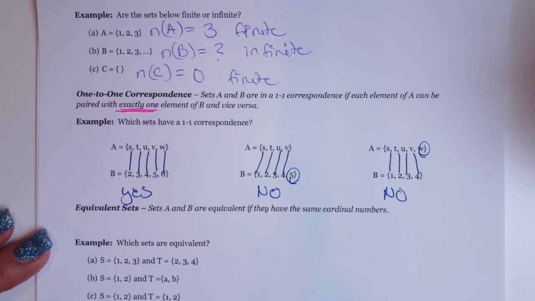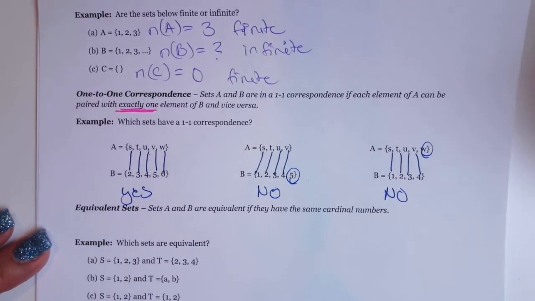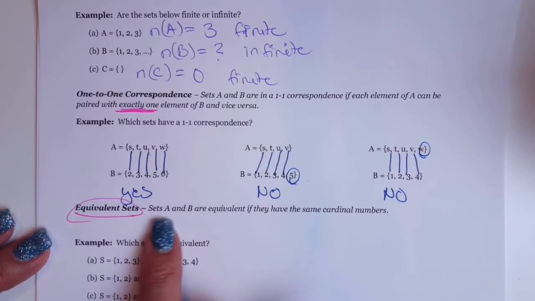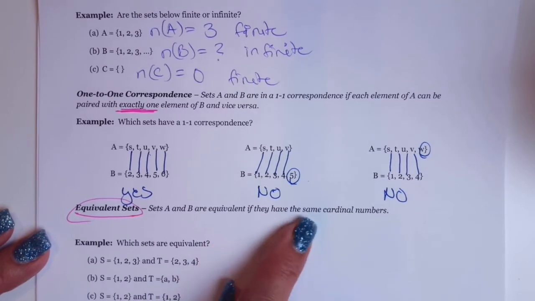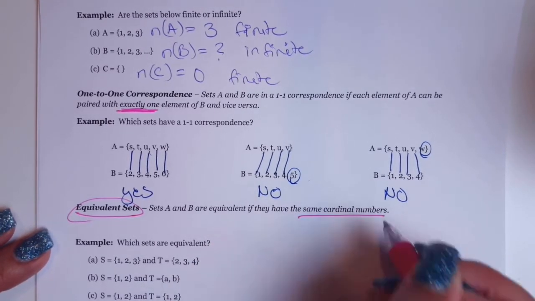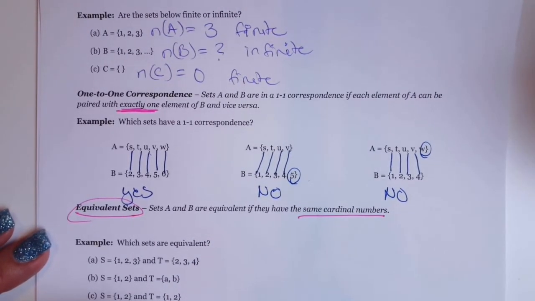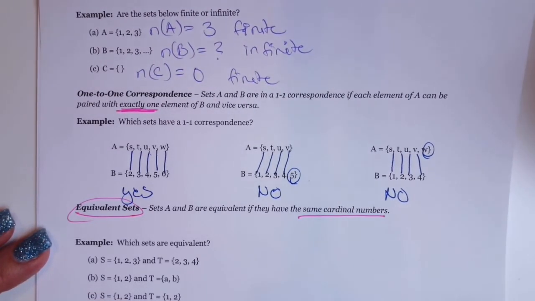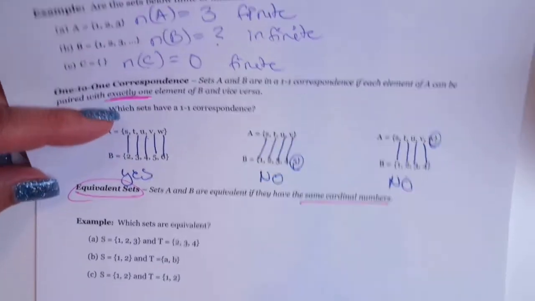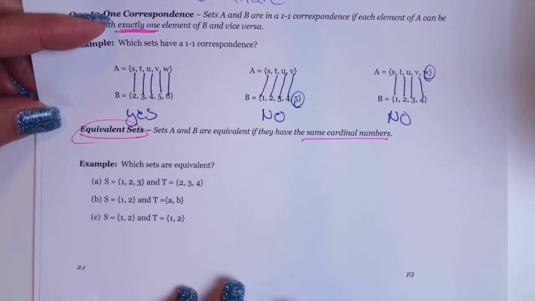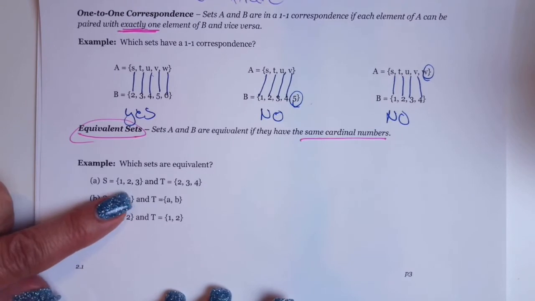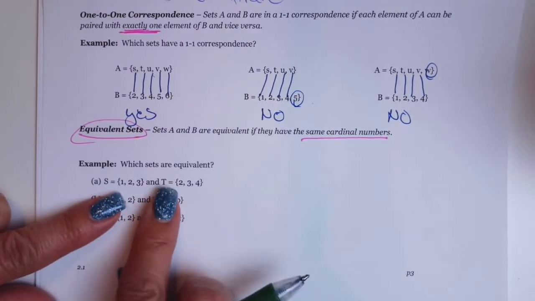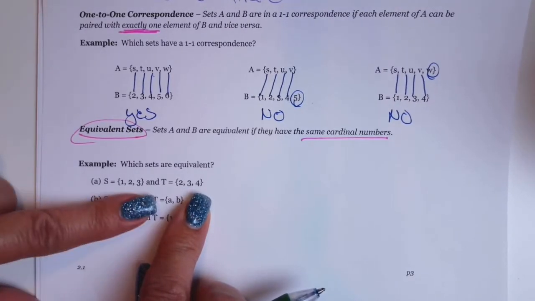Okay, next definition is equivalent sets. Sets A and B are equivalent if they have the same cardinal numbers. So let's look at which sets are equivalent. We have S and T. Let's look at the cardinal numbers.